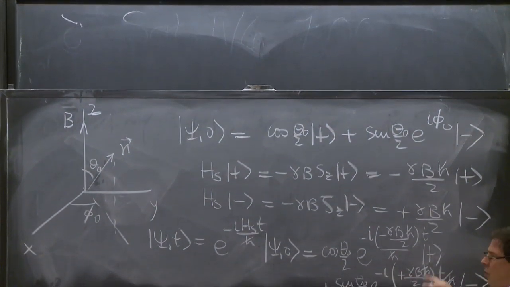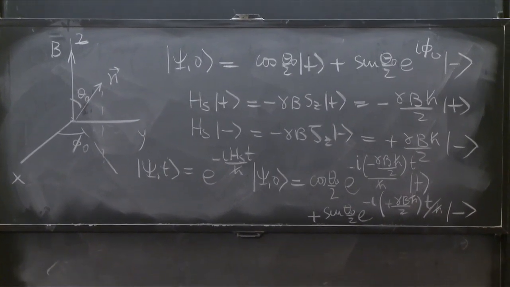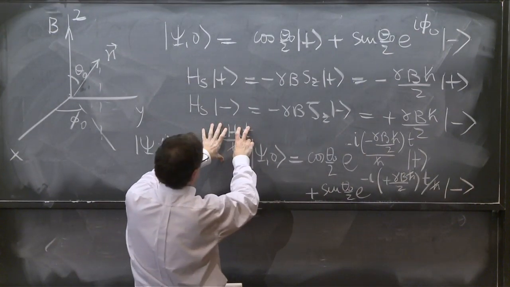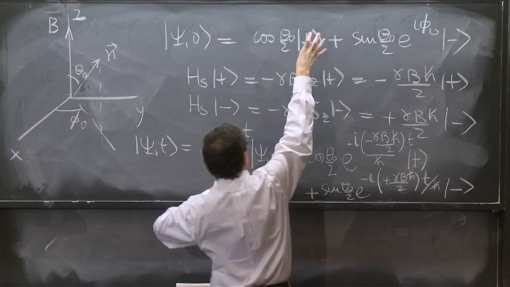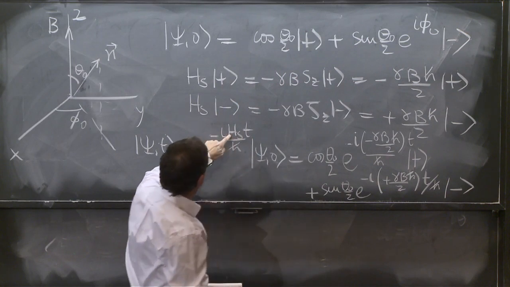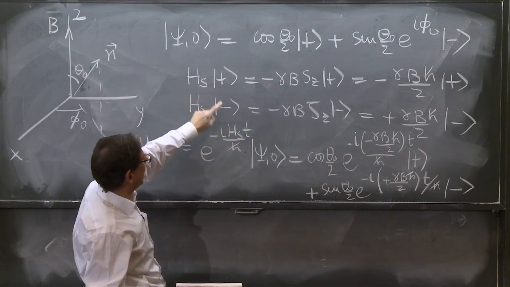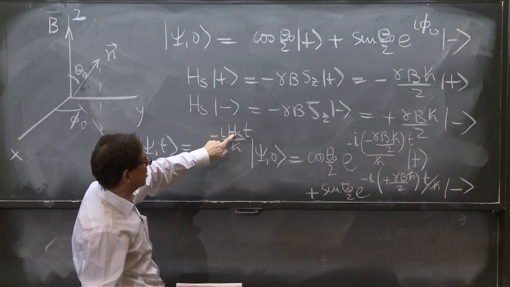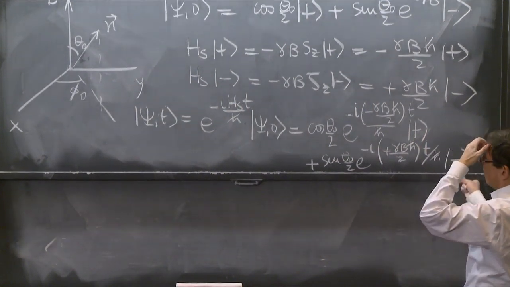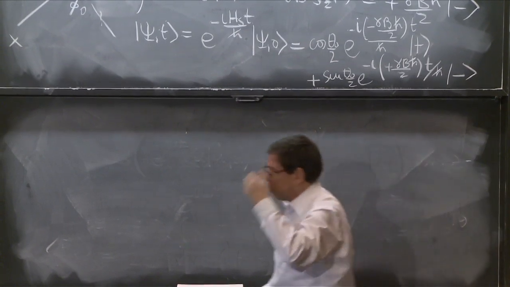Just in case I got you confused and the small type is a problem here, this operator acting on the initial state just acts on plus, then acts on minus. On plus, the operator is an eigenstate, so you can just put the number in the exponential. So you put the plus eigenvalue, the minus eigenvalue. So what do we get?